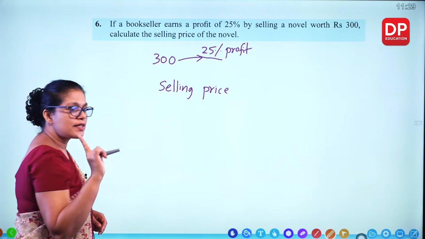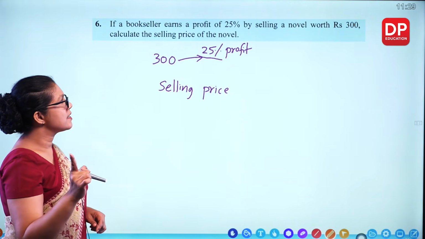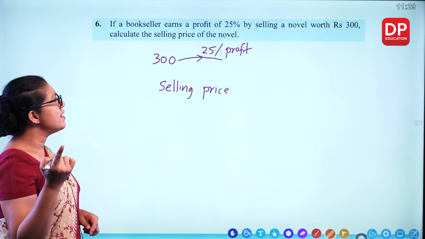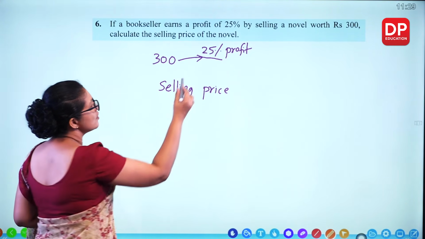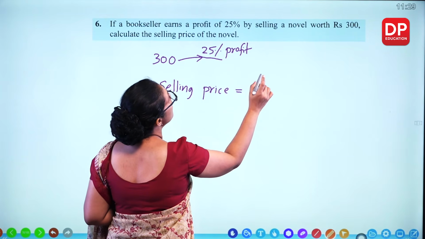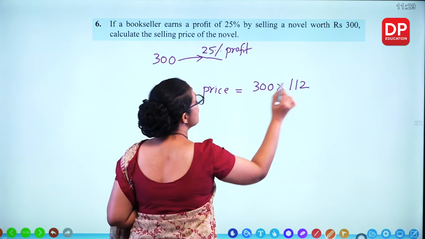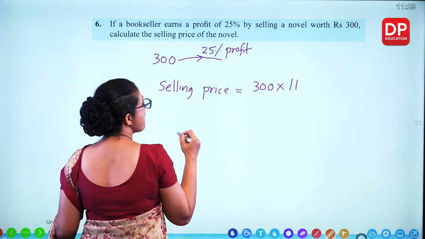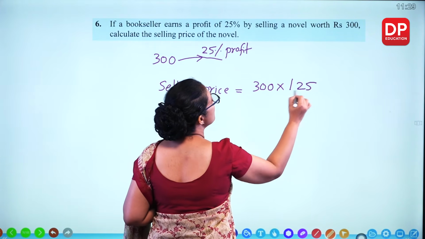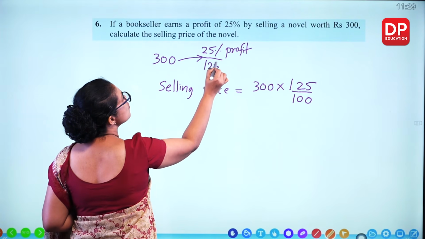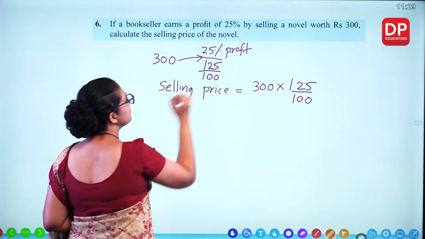To get 25% profit, if you buy for 100, you have to sell it for 125. So here price is 300, 125 over 100.